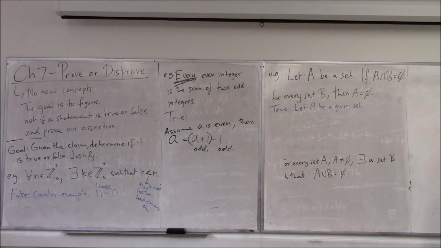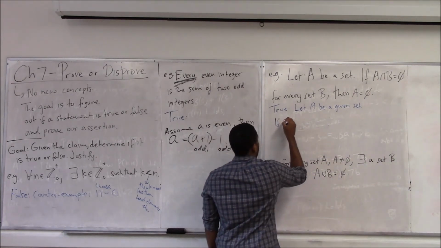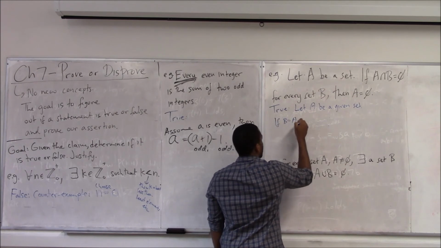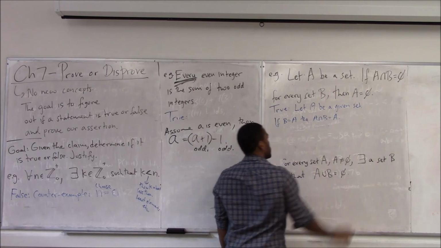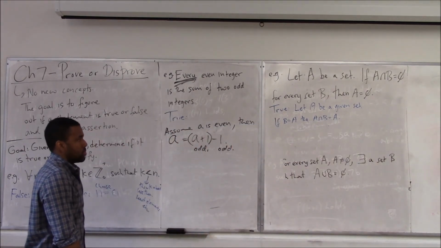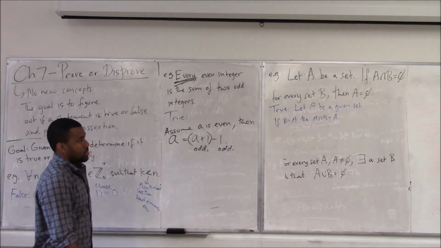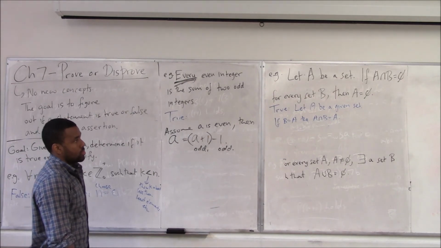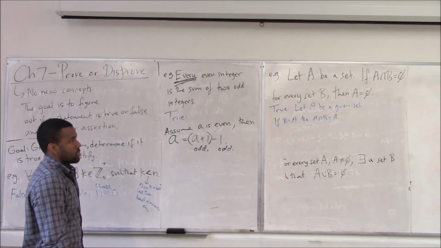If B equals A, then the intersection equals A. If you choose B equals A, then A intersect B equals A. That's true. What do you want to say with that? Therefore, if A intersect B equals the empty set, then A equals the empty set.